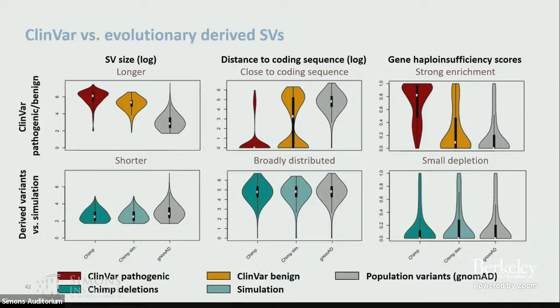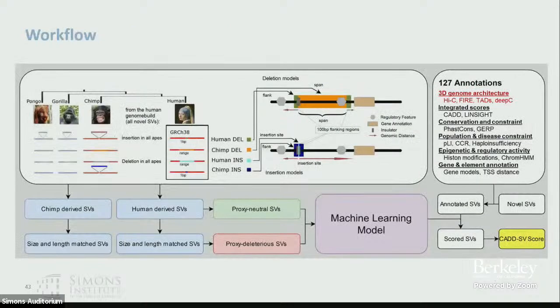They are much longer than the typical variants that we observe. They're really, really close to coding genes, and they're enriched for haploinsufficiency genes. So that's why we're trying to get away from such variant sets and use this other data set for training.